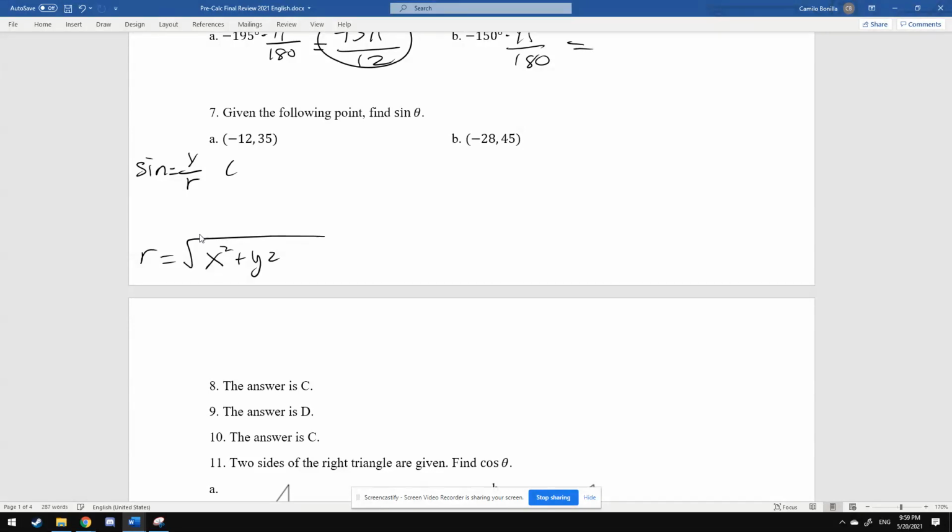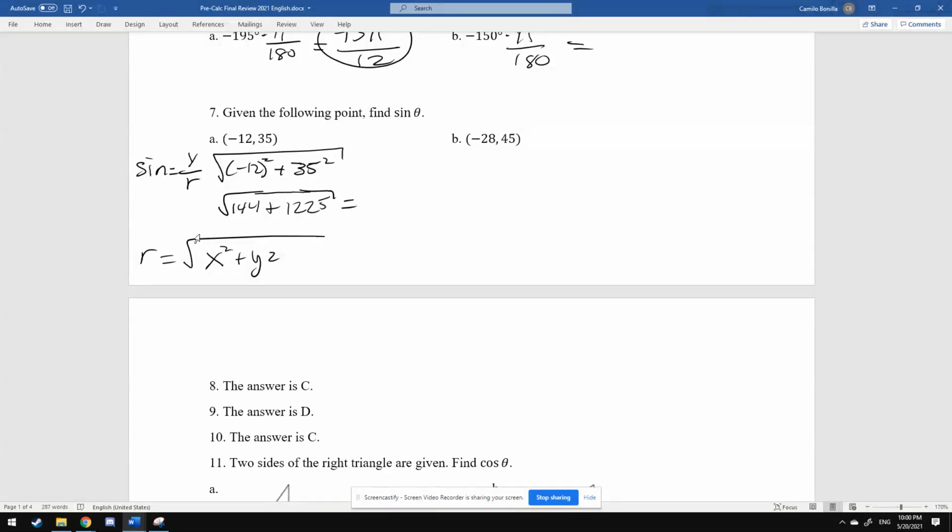So here I'm going to have negative 12 squared plus 35 squared under the square root. Okay. I got 144 plus, let me take out my calculator for this one. You could do this one on your phone too. 35 times 35. I got 1,225. Okay. You add that up.